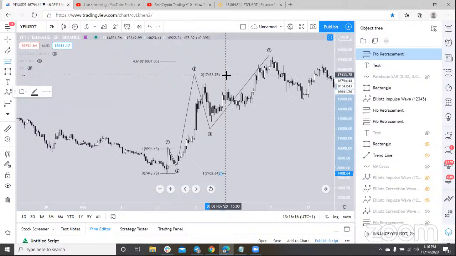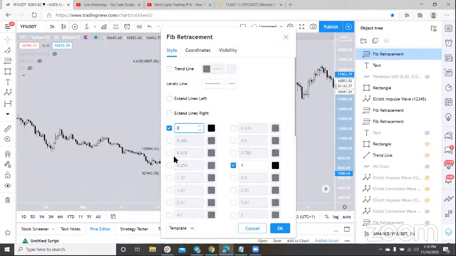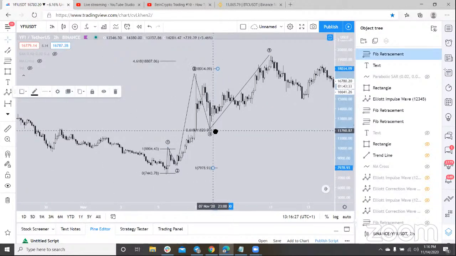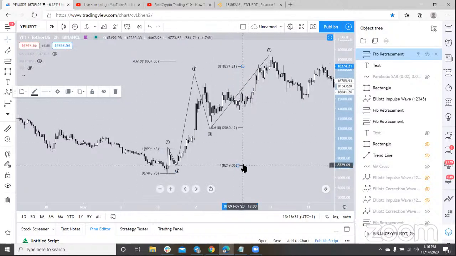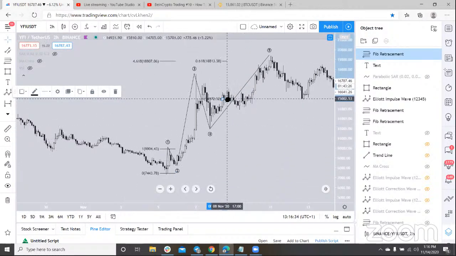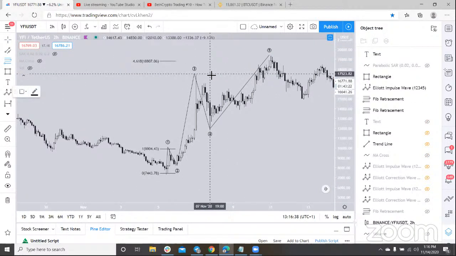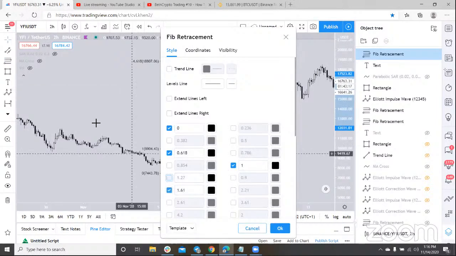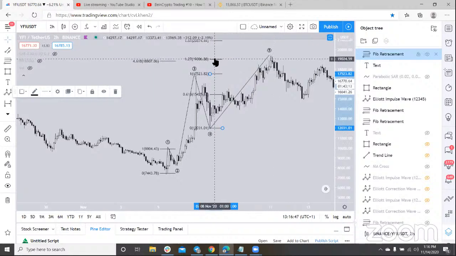So you measure the length of waves 1 and 3, and you either use the 618 to project the length to 4, so it will do here, or use the 1, which in this case will go much higher. Or you can use an external retracement on wave 4 and use the 1.61 and 27, which will give you a very close target here, the top.